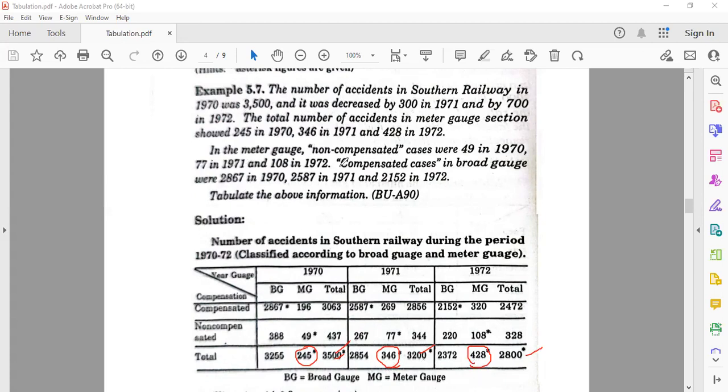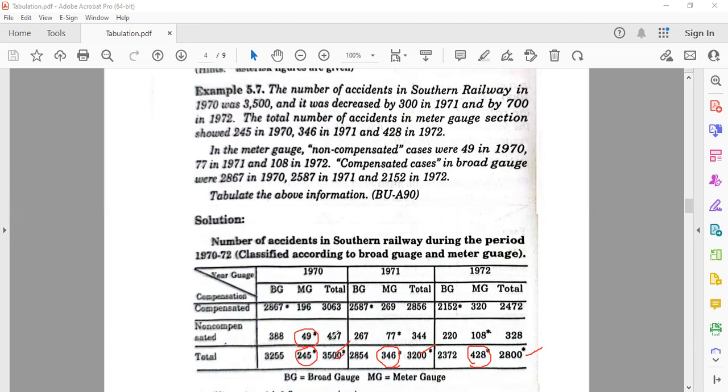In the meter gauge, all these gauges are broadly classified into two categories: compensated and non-compensated cases. The non-compensated cases data is given. The non-compensated cases were 49 in 1970. So we know that the total is 3,500.